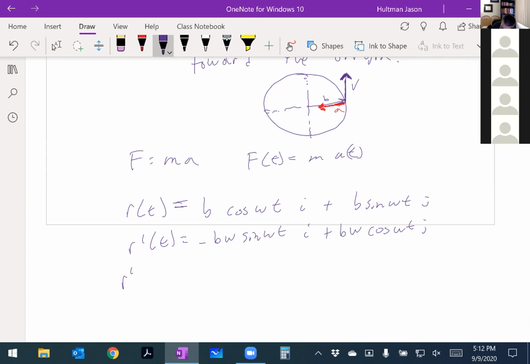Now let's do our second derivative, which is our acceleration. We do the same thing over again. This is negative b omega squared cosine omega t i, minus b omega squared sine omega t j.